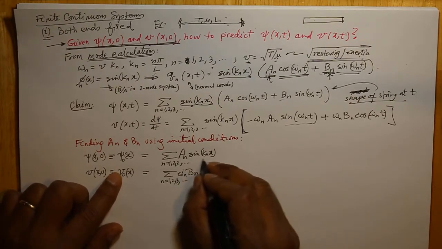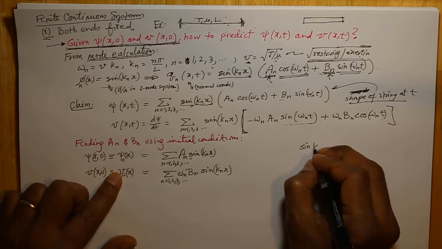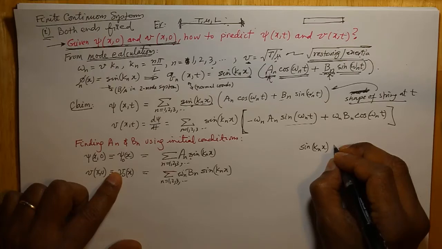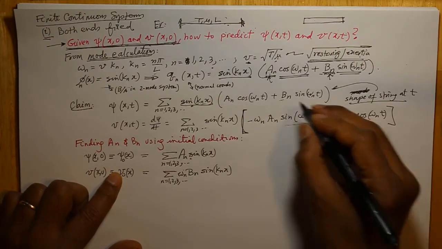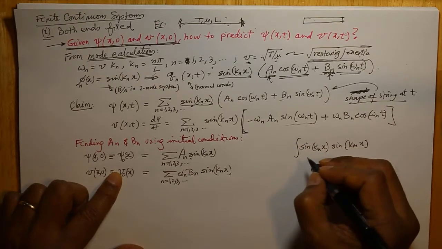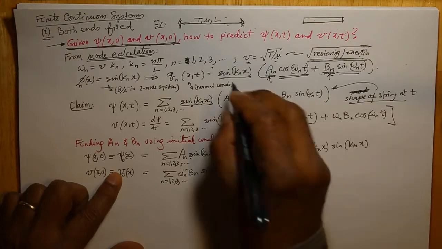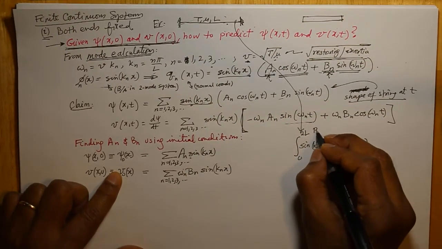Well, these modes, sine kn x and sine km x, are to be over period 2L. If you remember, in this system it was period 2L.